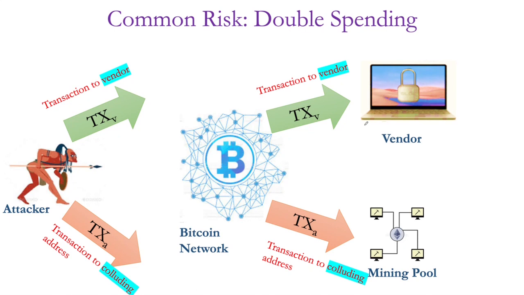Assuming that an attacker knows the vendor's address first, to perform double spending, the attacker will send two transactions.